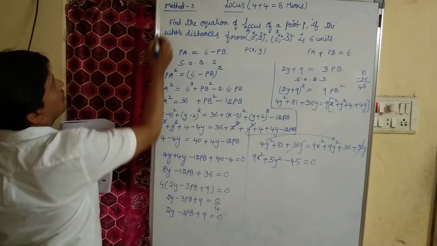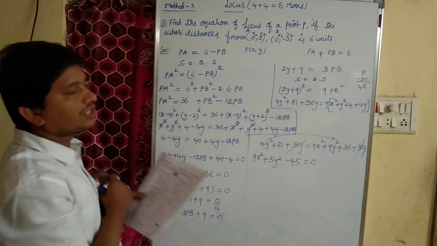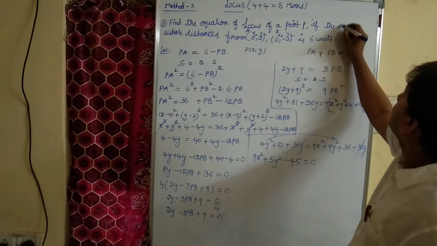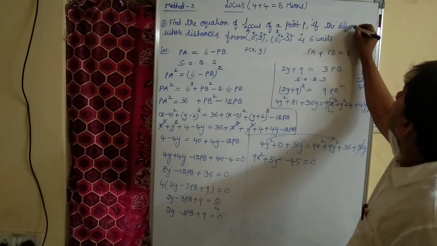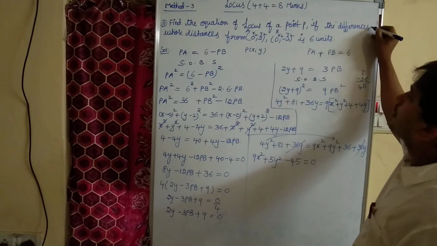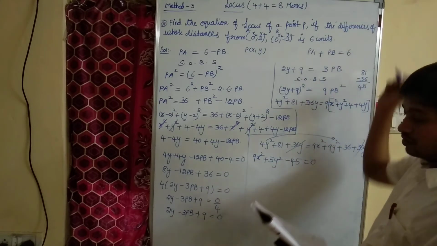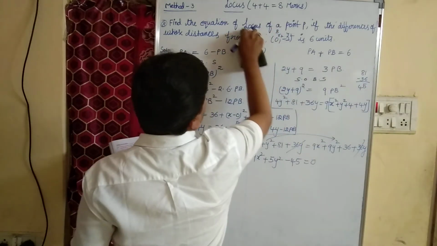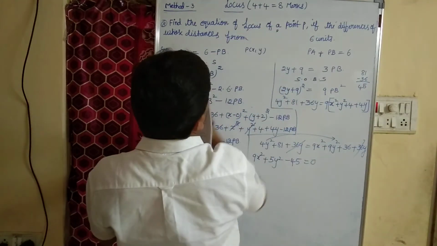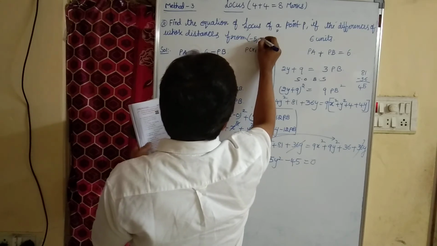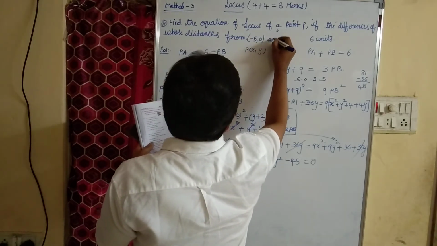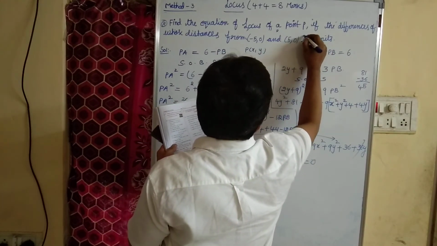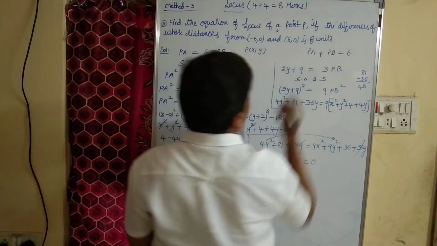Find the equation of locus of P if the difference of whose distances from minus 5 comma 0 and 5 comma 0 is 8 units.